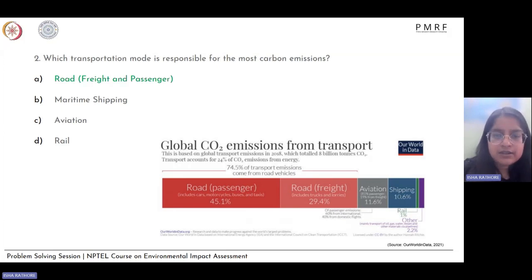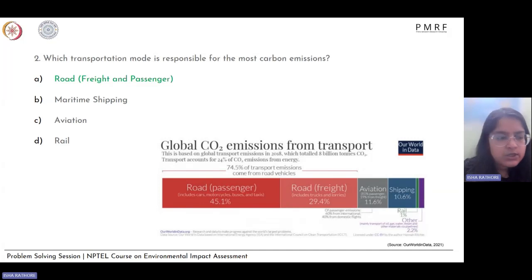So road and freight contribute to the bulk of the total transport emissions. Road passenger contributes 45.1%, whereas road freight contributes 29.4%. So passenger means any sort of passenger vehicle like motorcycles, buses, and taxis, whereas freight is anything which carries other stuff other than humans.